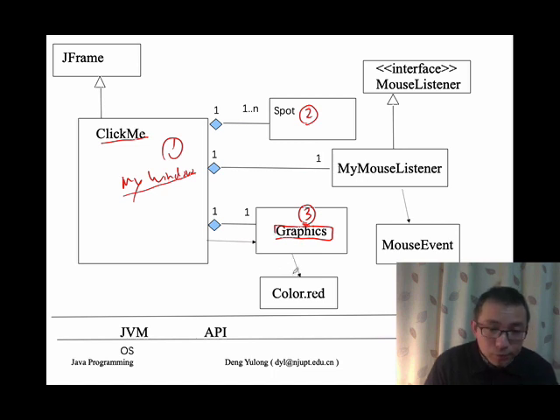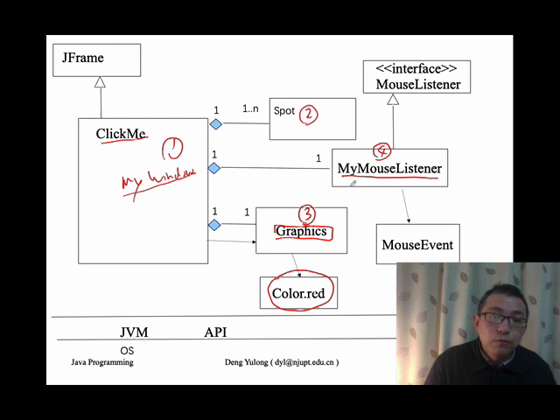So the red color inside Java is an object. So it's a red color object. And the fourth object can get the mouse position when I click the mouse. So name it my mouse listener. Well, there's the fourth object.